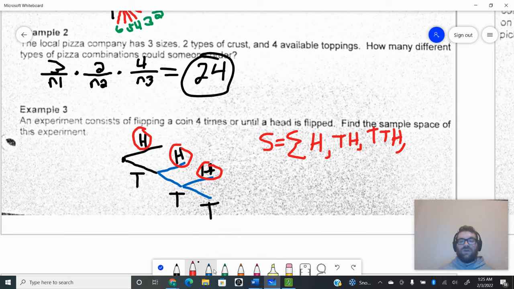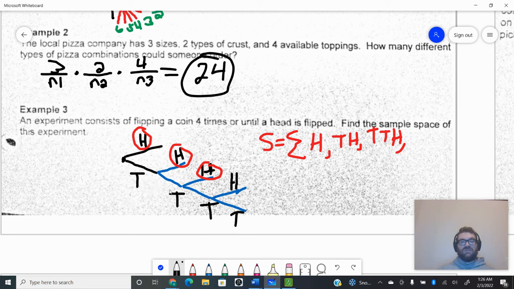Then lastly, if we got that other tails on our 4th flip, we're stopping regardless. It does not matter because we said we're flipping it 4 times or until a heads is flipped. Here, this was our 4th flip, so we have to take both of these outcomes. So what would the outcomes be?